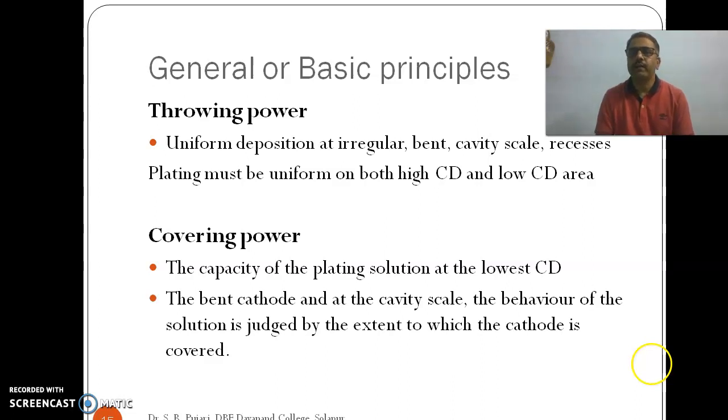And for that, a few experimental techniques are available to check whether the solution has good throwing power and good covering power or not. That's why, before formulating any plating bath solution, checking throwing power and covering power is very important.